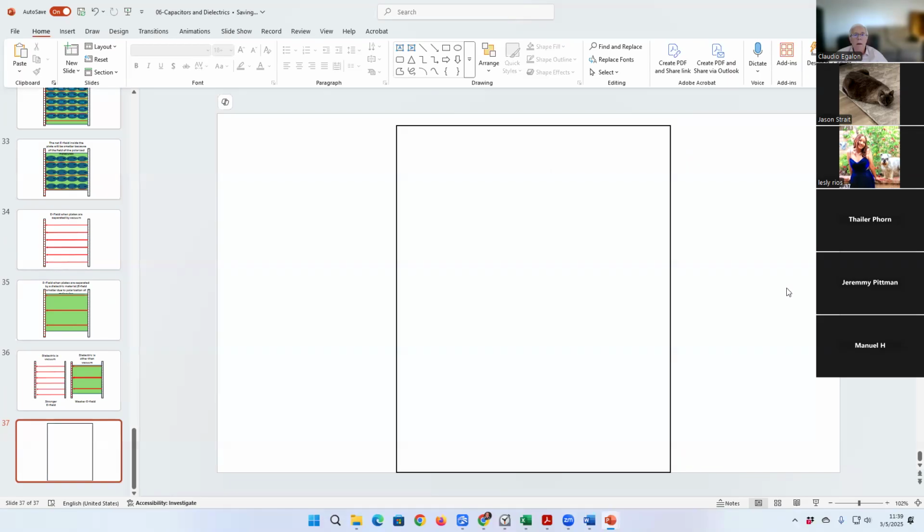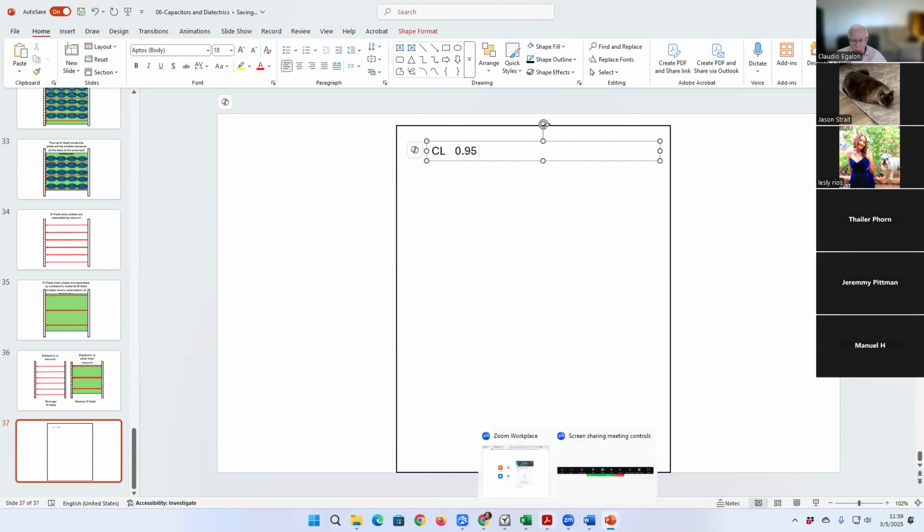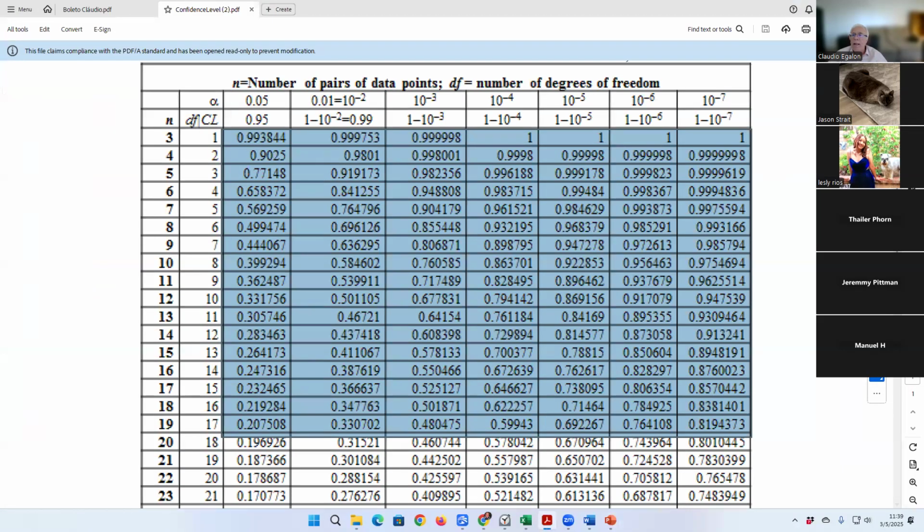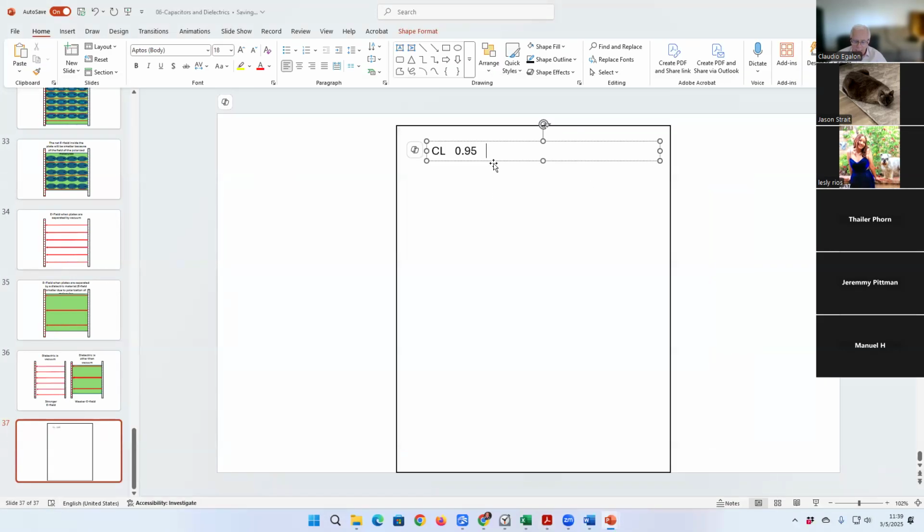We are going to have CL here at the top. You can ignore the alpha, right? It starts at 0.95. I want you to understand this table. That's why I'm doing that. 0.95, 0.99, further down 0.999, right?